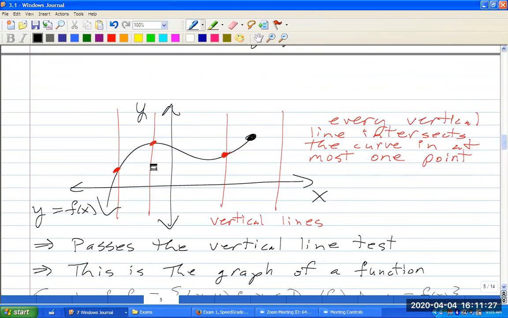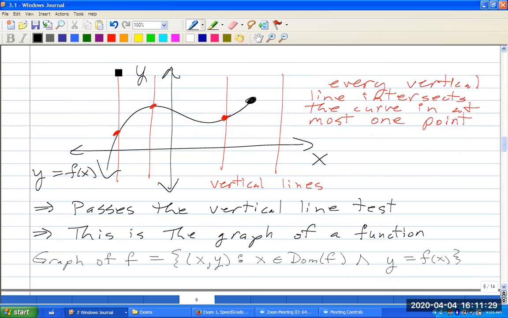However, suppose again this is a curve in space. Suppose I start here and keep going, relative to some coordinate system.